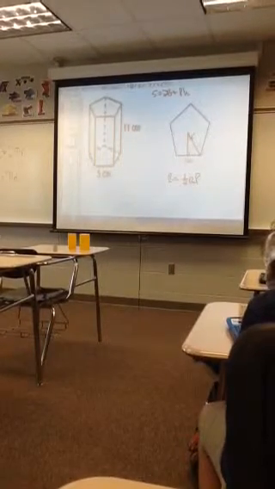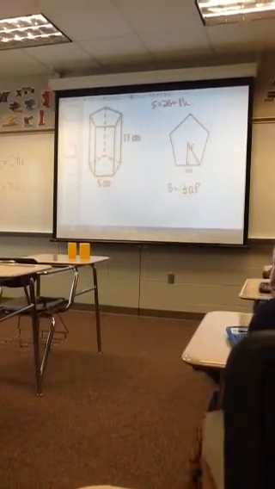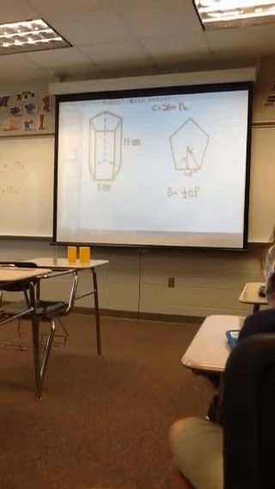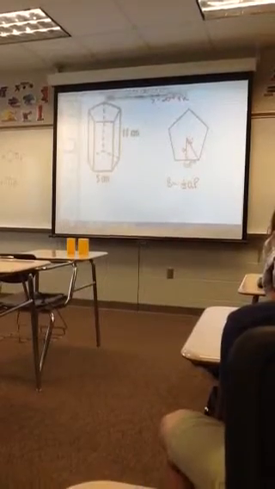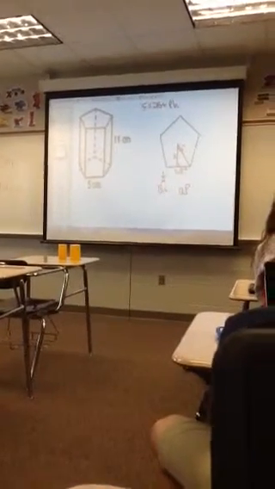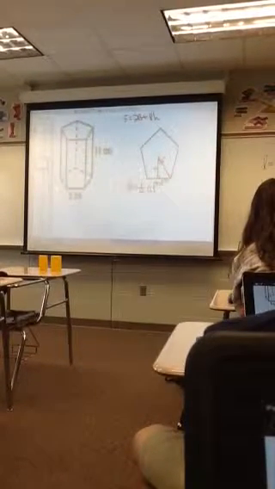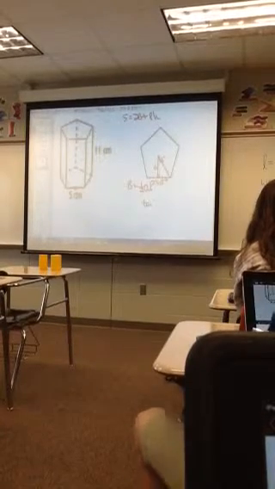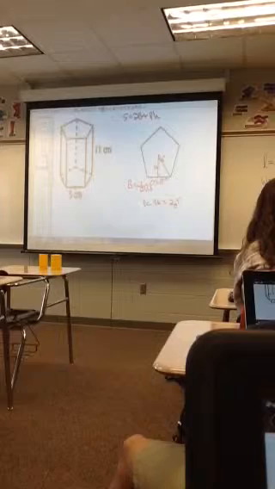All right, so this is 2.5. This is the apothem. So we're going to have to use a trig function. Which one? Tangent. Okay, so tangent of 36 equals opposite over adjacent.